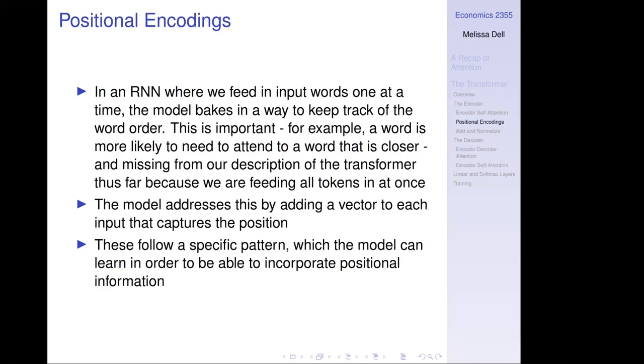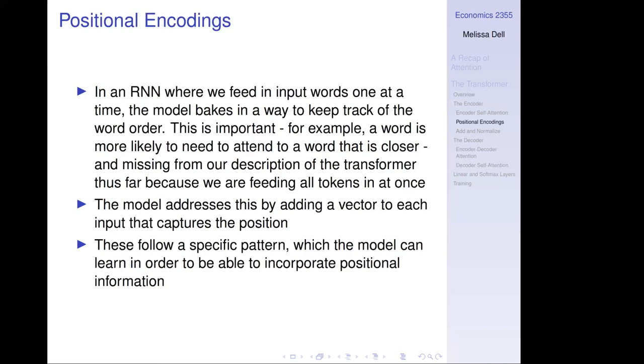And so now it's no longer baked into the architecture what the order of that sequence is. And so you have to have a way to tell it the order of the words, because it needs to know that. Like you're probably going to need to attend more to words that are nearby than to far away words. Understanding the order of words is obviously important to understanding language.